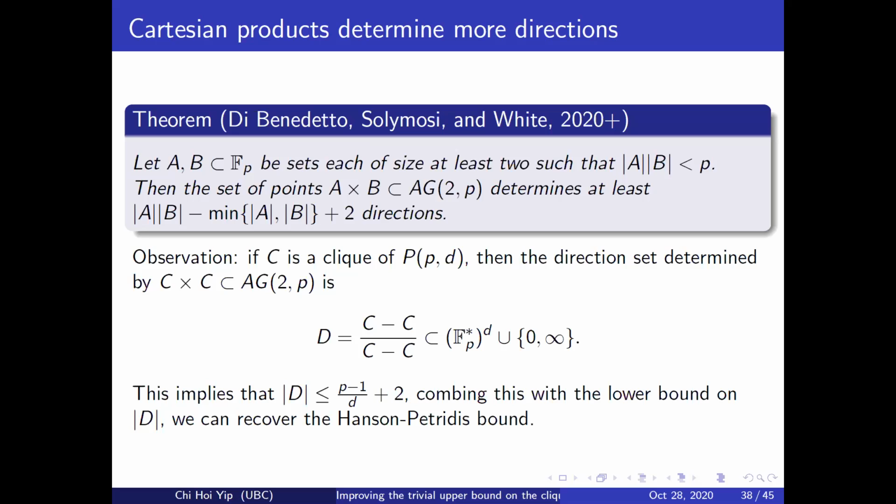Yes, zero is an element in C - C, of course. But if we pick two different elements in C, then their difference must be this power in F_p star. I see. So C - C here means for every element in C, I take the difference with some element of C. Okay, got it. Thank you. Sorry for the confusion.